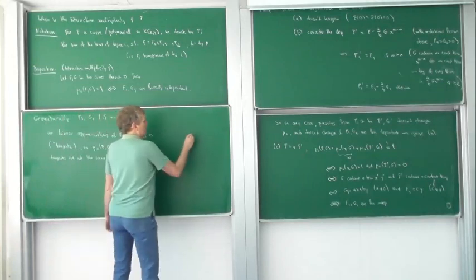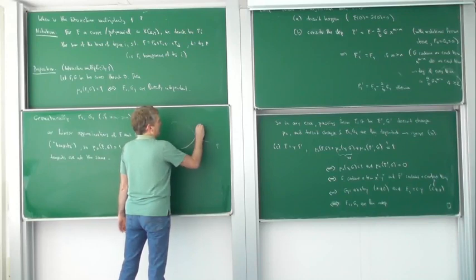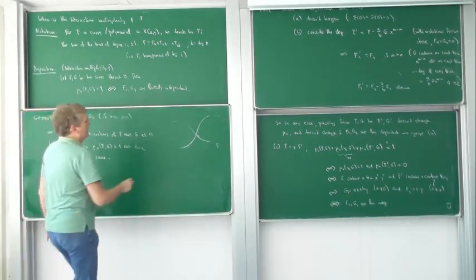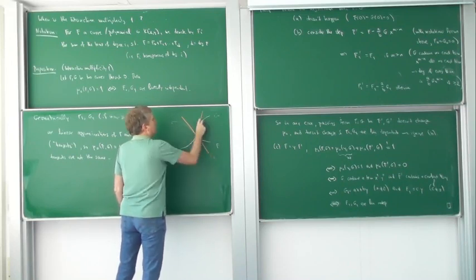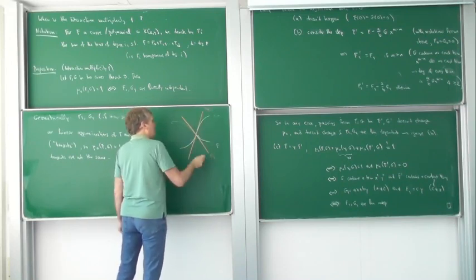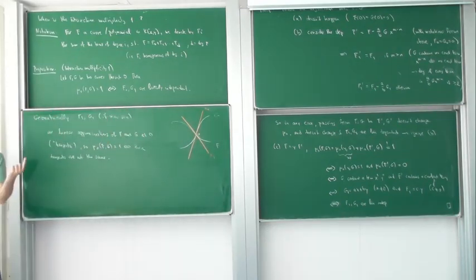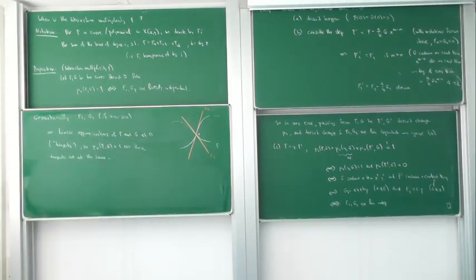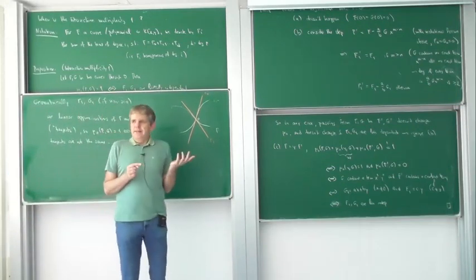Let's draw a picture. If we have the 0 point here and we have one curve, this would be f, and another curve which is g, then the linear approximations f1 and g1 would look like that. As a curve, this would be f1. As a curve, this would be g1. The linear approximation at the origin. And linearly independent, of course, just means they are not the same line. They don't define the same line. And then we have an intersection multiplicity of 1.